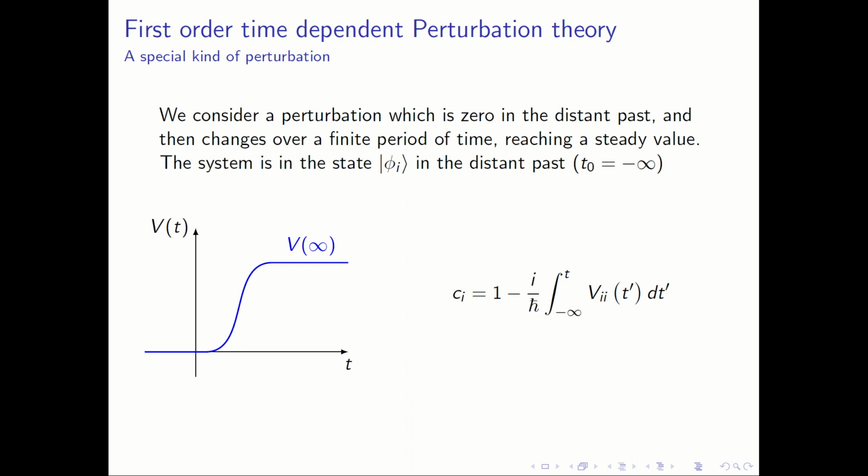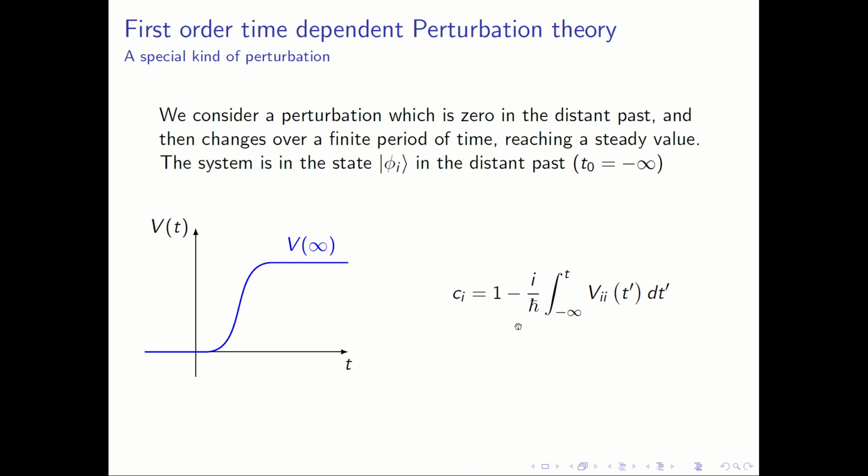The integral will be from minus infinity, because t0 is taken to be minus infinity, to the current time t. Now what you need is V tilde_ii of t prime dt prime, the integral of that, but V tilde_ii is the same as V_ii. After all, the difference between V tilde_mn and V_mn is that there's an extra e to the power i by h cross (epsilon_m minus epsilon_n) times t term. That term of course is 1 for this.